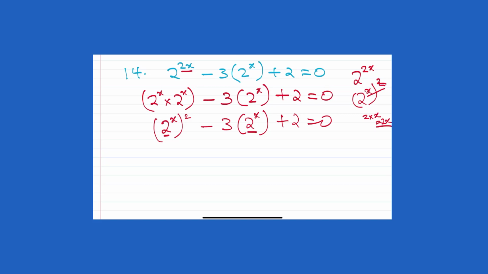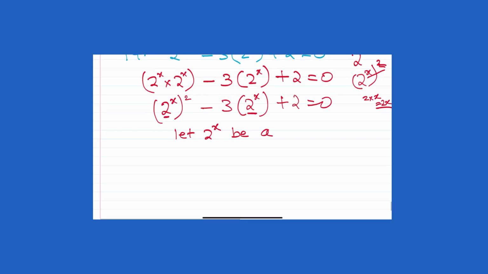So instead of us repeating it over and over, we can just save our time and come back to it later. I want to say let 2 to the power of x be a. So that way we don't have to keep repeating it. So we have a squared minus 3a plus 2 equals 0.